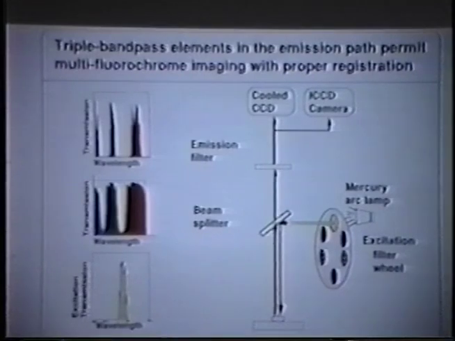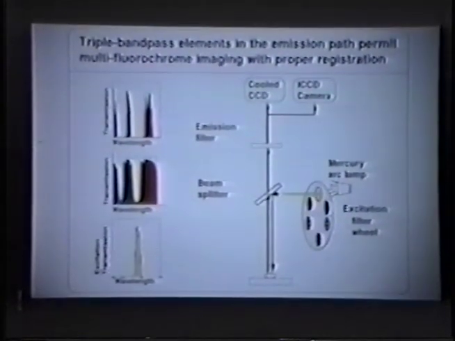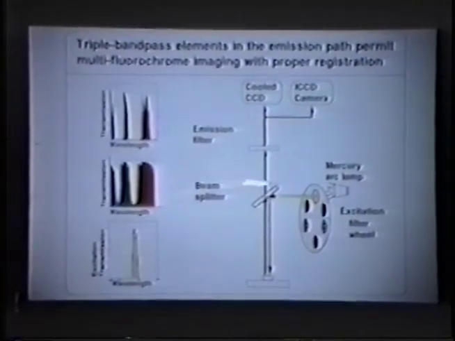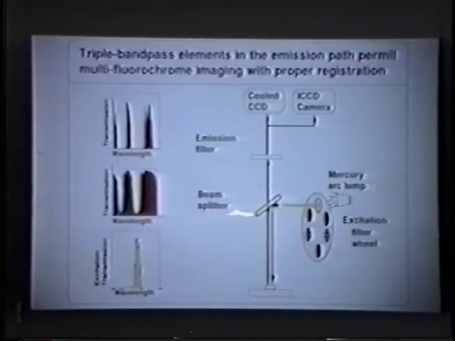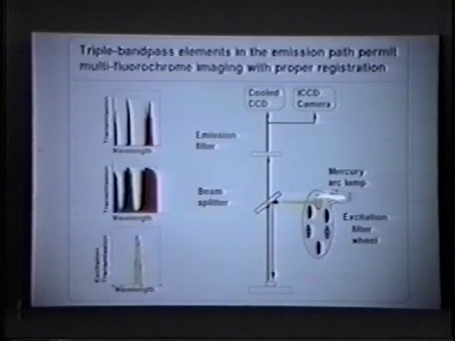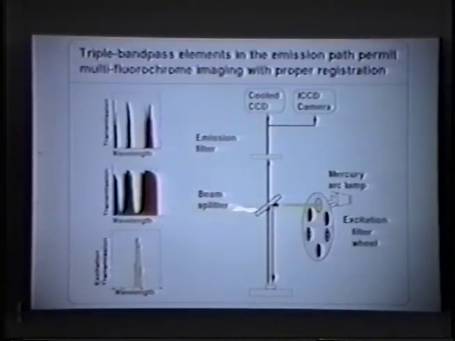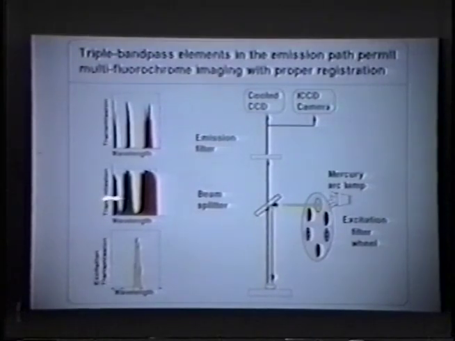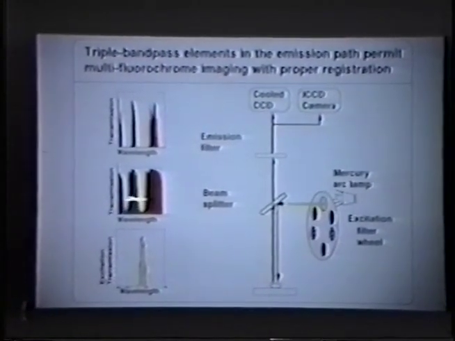To overcome this problem, we worked with a variety of filter manufacturers to develop a multichroic beam splitter that goes in the optical pathway of these epi-illumination fluorescence microscopes. And these beam splitters have the characteristic that they transmit in the blue, green, and red, and reflect in the ultraviolet, between the blue and the green, and then the yellow range.